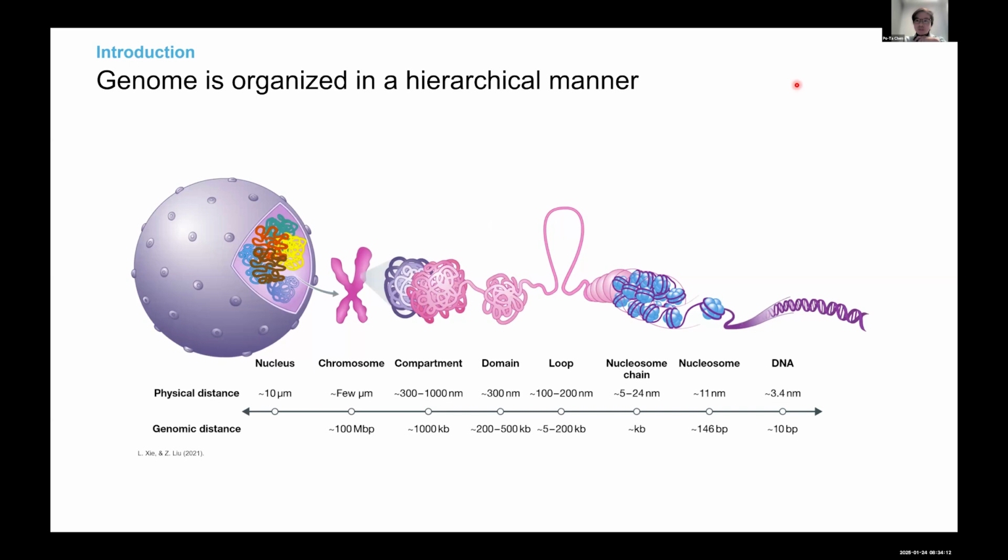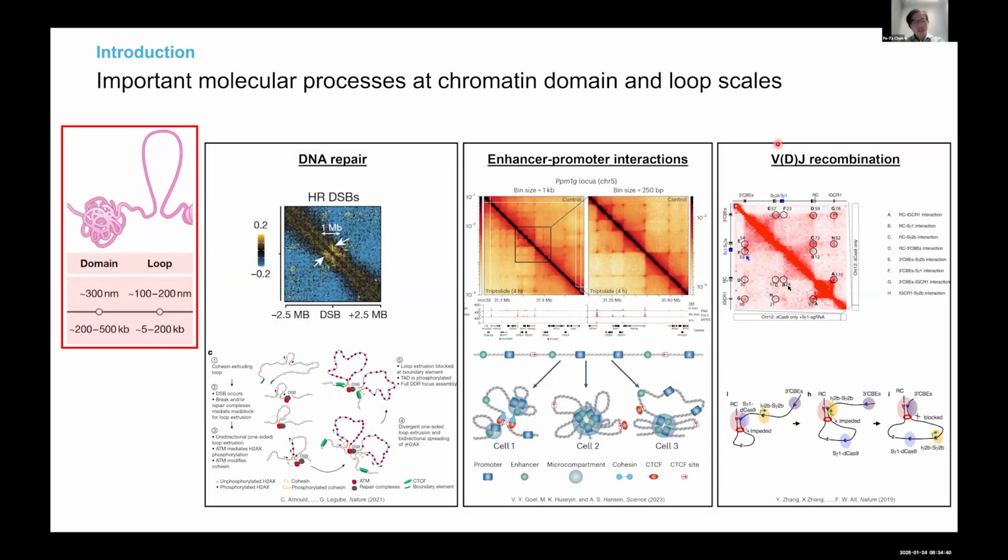Over the past decade, with the tremendous amount of effort this Fudian community has put in, we have already learned a lot about genome organization in nuclei, especially that the genome is organized in a hierarchical manner. We are specifically interested in the length scale of chromatin loops and domains, because a few interesting biological processes happen at this scale.